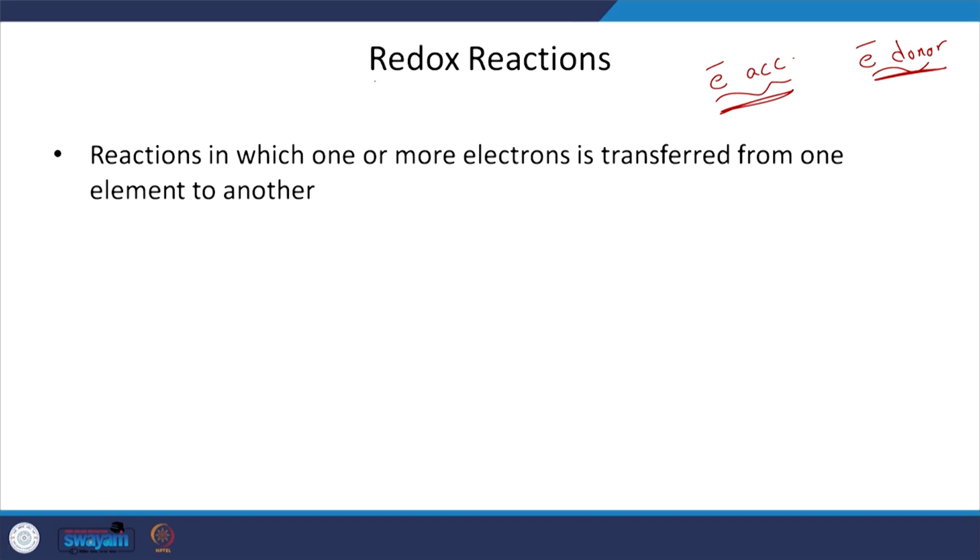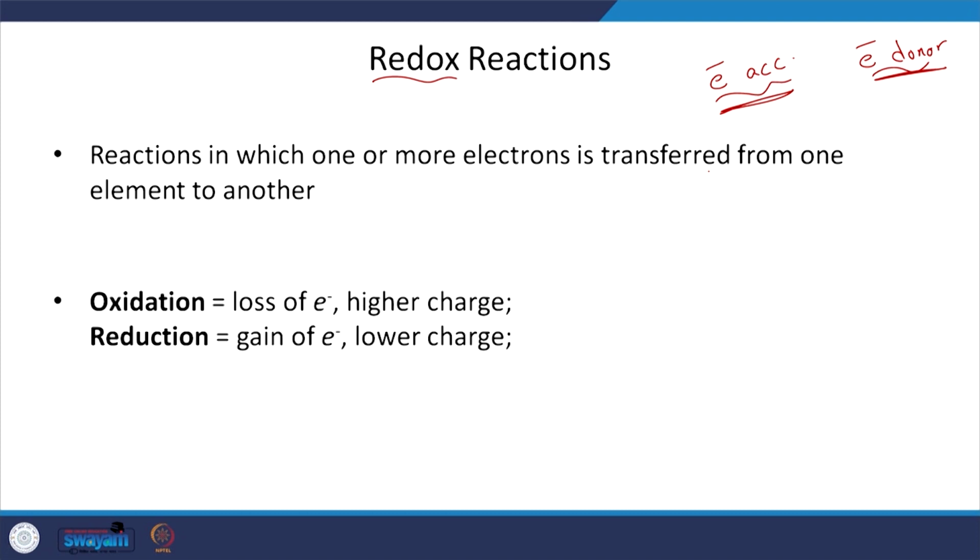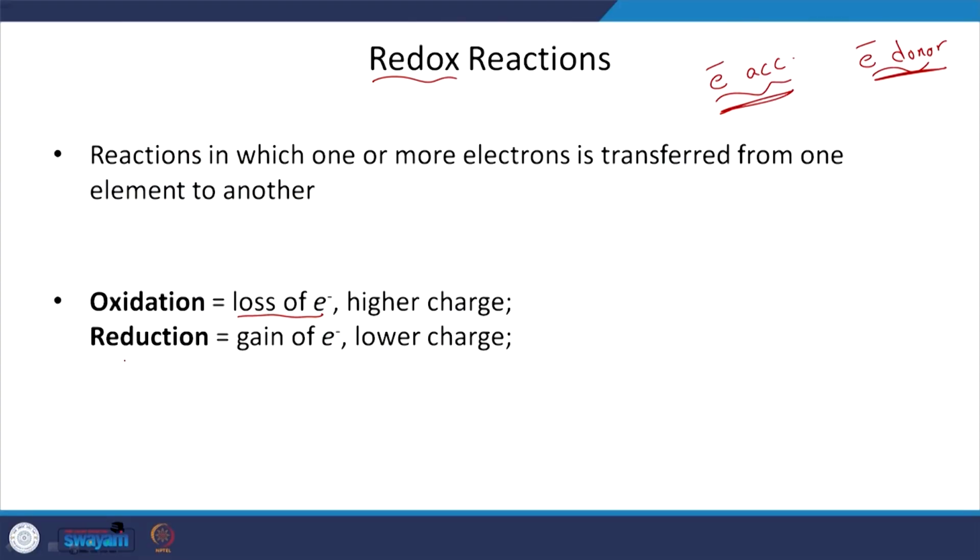So in redox reactions, we have one or more electrons being transferred from one element to the other. It's a transfer of electrons. Oxidation is the loss of electrons. When we say a compound is being oxidized, it means that there has been a loss of electrons. And when it's reduction, it's a gain of electrons. Keep in mind that here we say it's an oxidant when it's an electron acceptor.